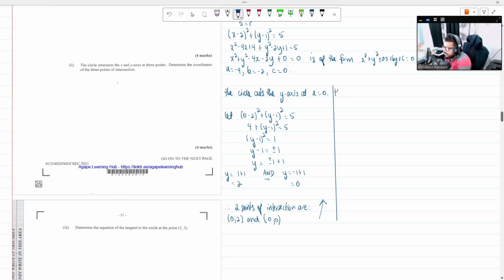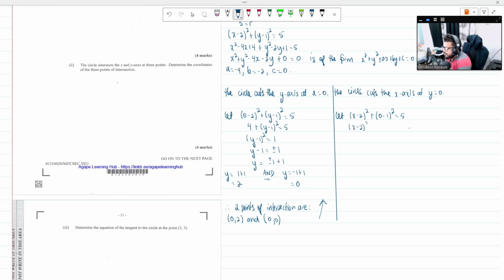And I can say now, the circle cuts the x-axis at y is equal to 0. So I will let x minus 2 squared plus 0 minus 1 squared is equal to 5.